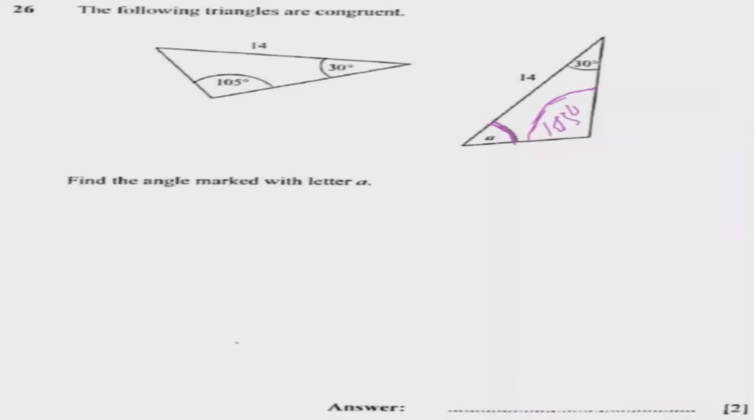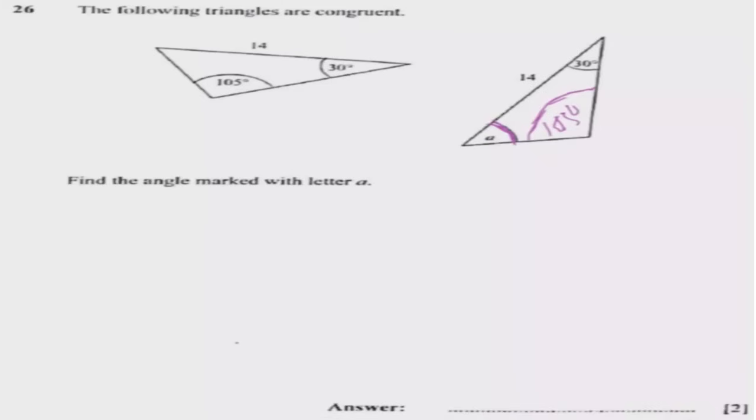Now with that in mind, we can find the angle A. We can use the property that the sum of angles in a triangle is 180 degrees, so the interior angles in a triangle add up to 180 degrees.